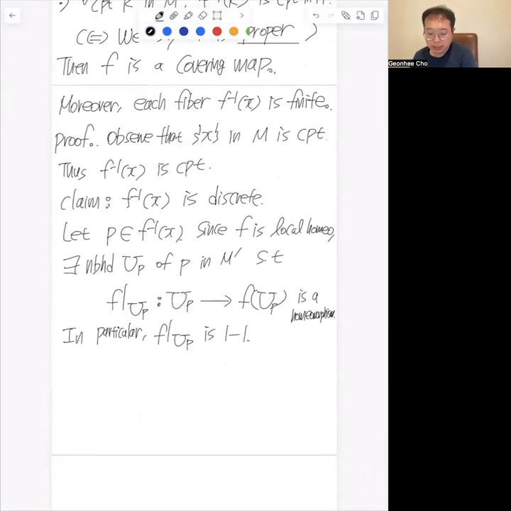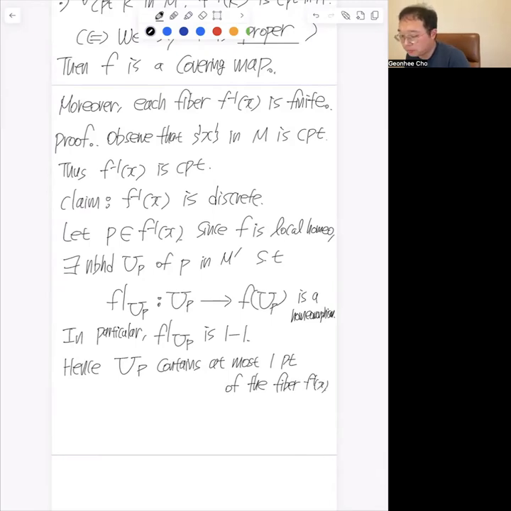What that means is that this neighborhood U of P contains at most one point of the fiber, because it is a homeomorphism.